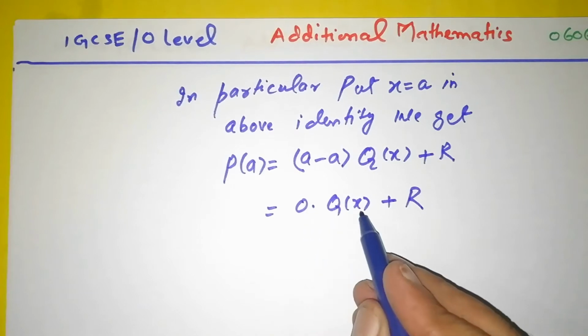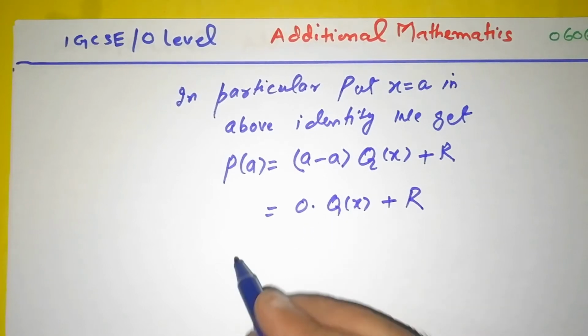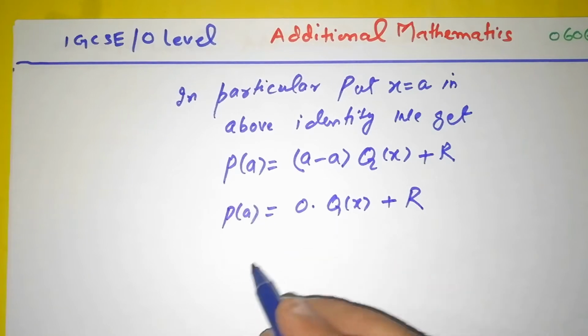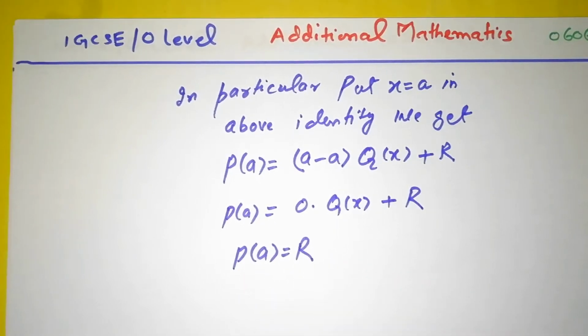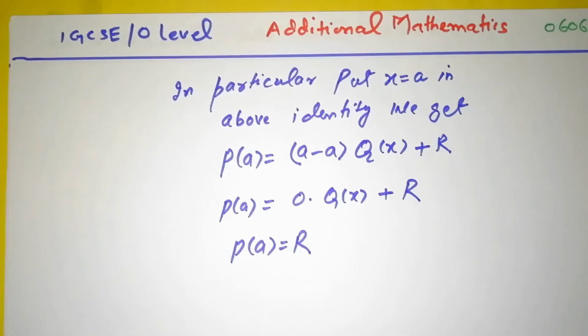When 0 is multiplied by the quotient, we get 0. Therefore our remainder is p(a). This is the proof of our remainder theorem.